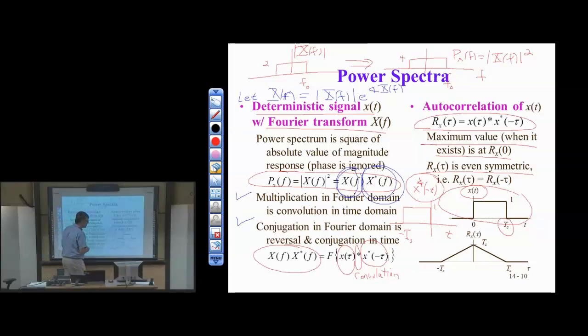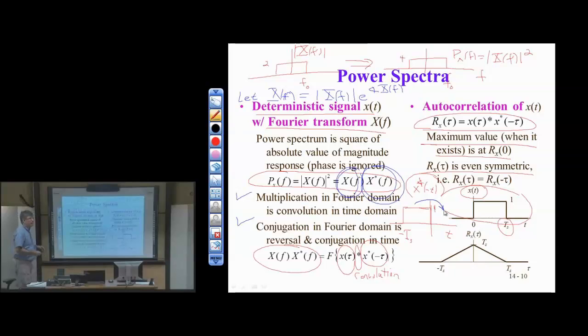To convolve, I'm going to take x star of t, flip it and slide it. So when I flip x star the first time, I get back where I started.